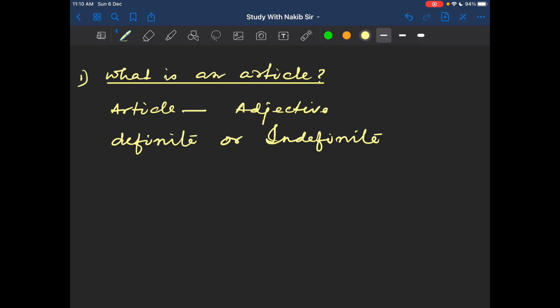Okay. Now the classification. English has two types of articles.